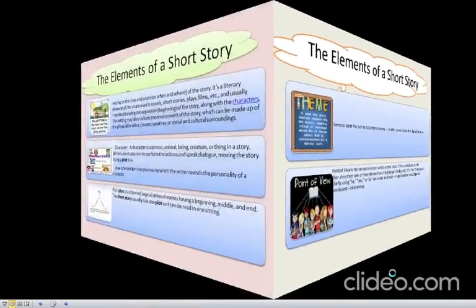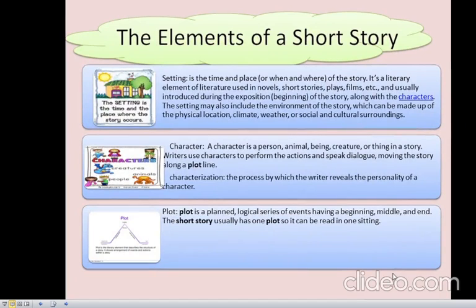So let us see again what are these elements. We said that the elements of a short story are setting, which answers the question when and where; character, which answers the question who; the plot, which answers the question what is going on, because it's a series of events.